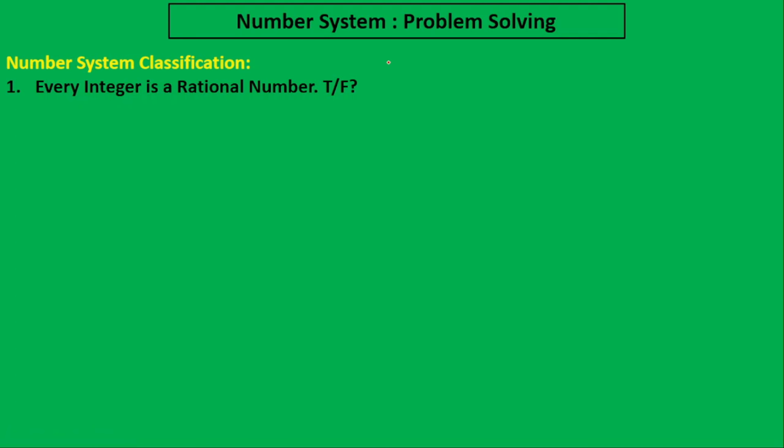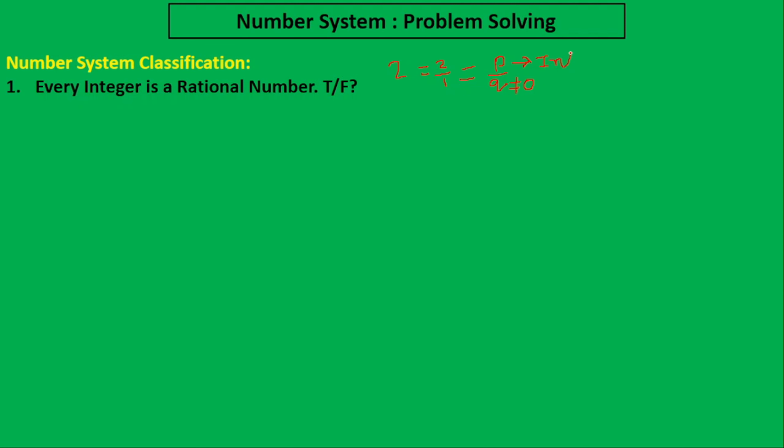So every integer like 2 can be represented as 2 by 1, which is like p by q, the standard form of number system, and q, that is 1, is not equal to 0. Hence 2 is a rational number. So every integer can be represented as a rational number.